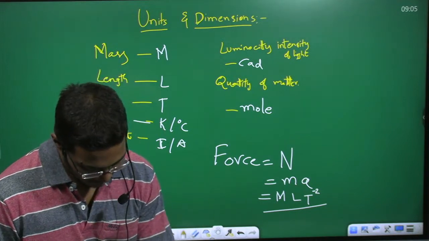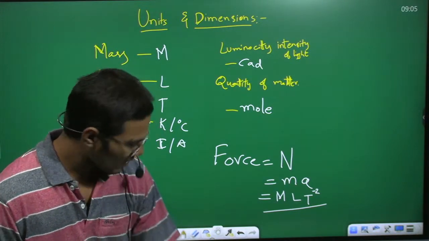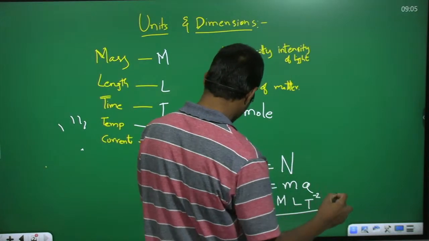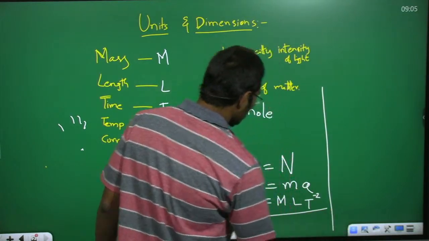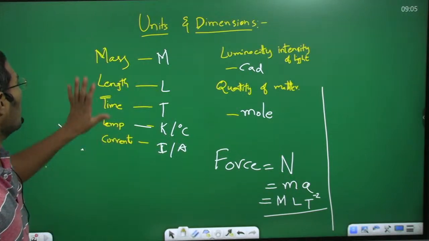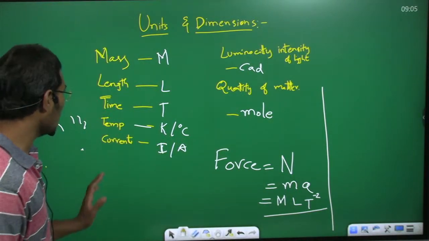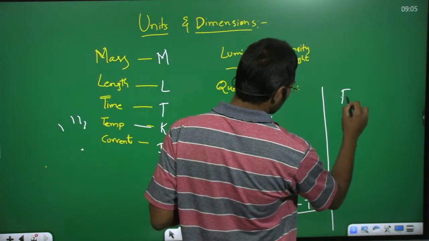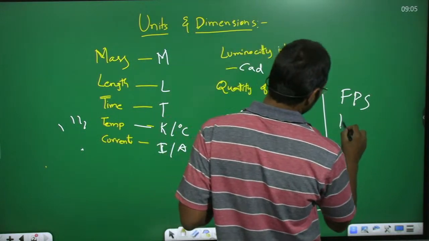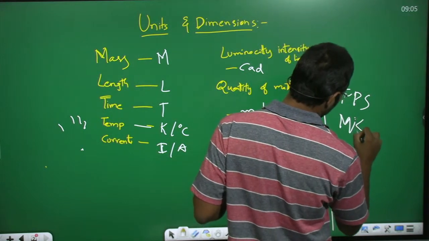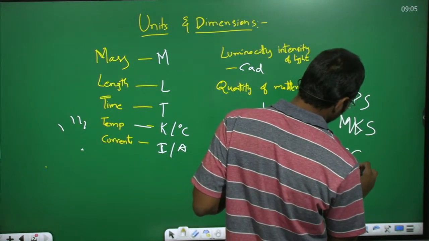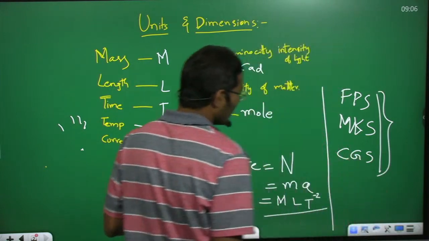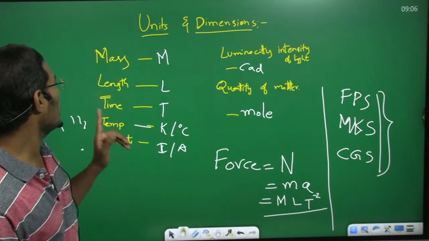Let me ask a fundamental question. Among these, which quantity has the same unit in FPS, MKS and CGS systems? Whatever system you take, one quantity has the same unit.